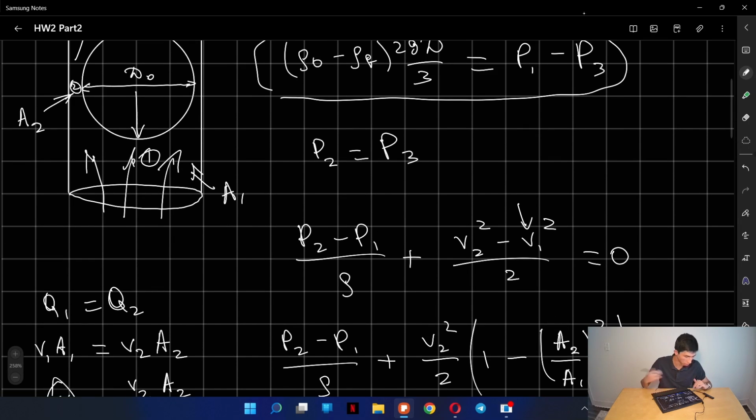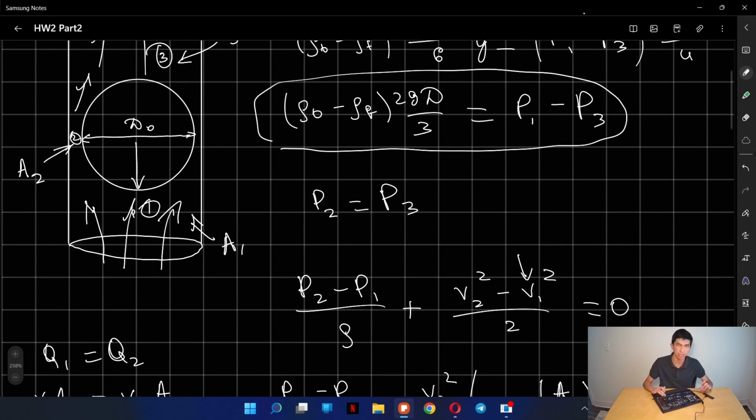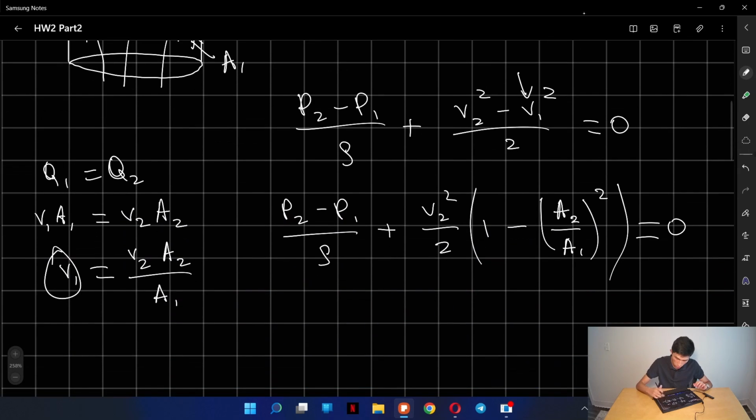Okay, I'm going to go back to my diagram again. As I said, let's take a look at point 2. The cross-sectional area here, I can assume to be almost equal to 0. It's so small that we do not have to consider it, which means the whole term here can go to 0.